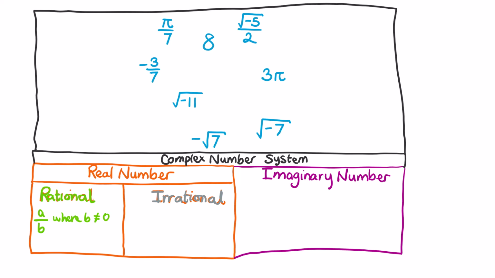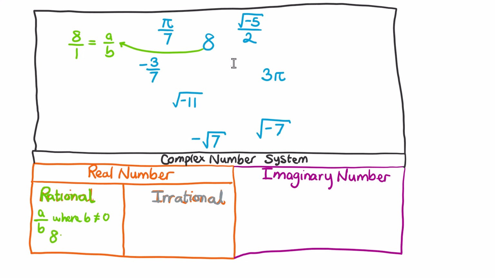Therefore, looking at this sea of numbers as shown right here, we recognize that 8 can be rewritten as a over b, where a is equal to 8 and b is equal to 1. Therefore, 8 over 1 is a rational number, which places 8 indeed as a rational number.